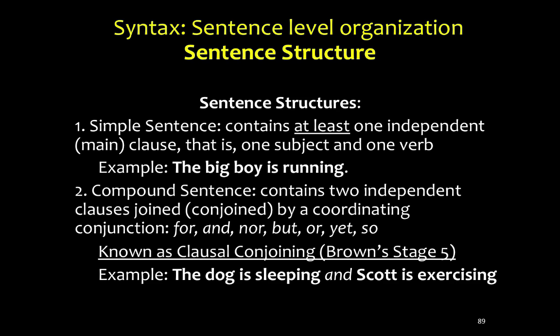And just as a preview, the child's ability to create compound sentences such as this is a developmental syntactic milestone and is described as clausal conjoining seen during Brown's stage 5. And just as an aside, there is more to come in Unit 5, Part 3, about the linguist Roger Brown and his major contribution for how we track syntactic development.